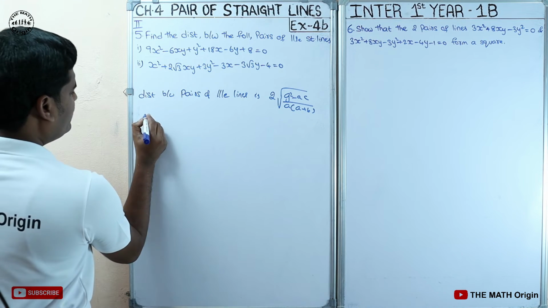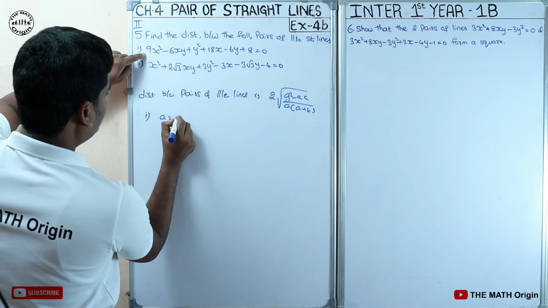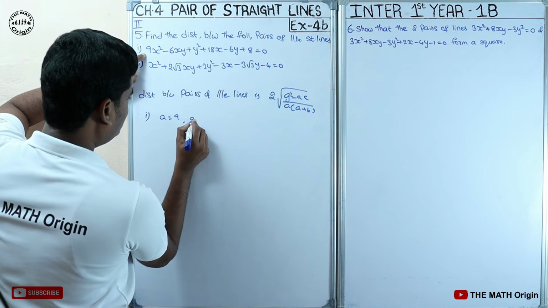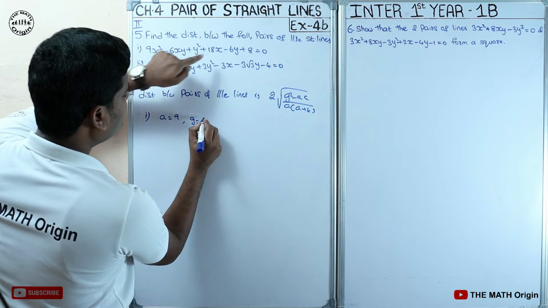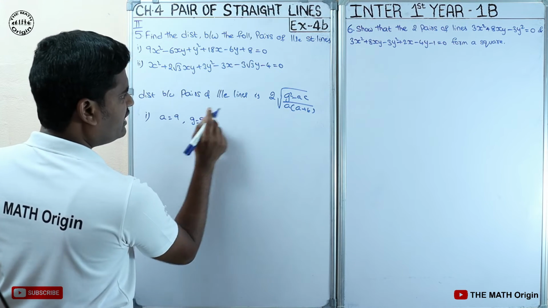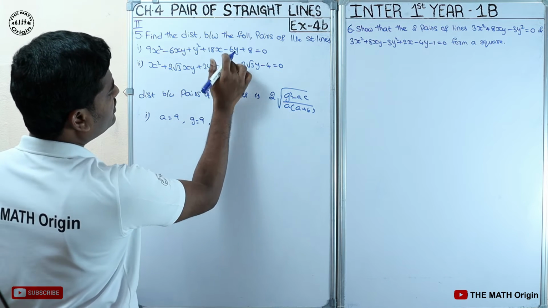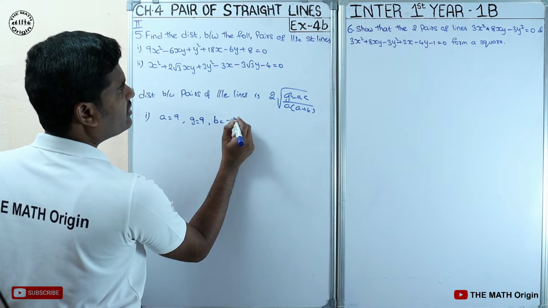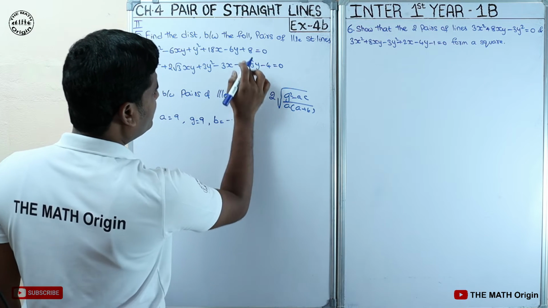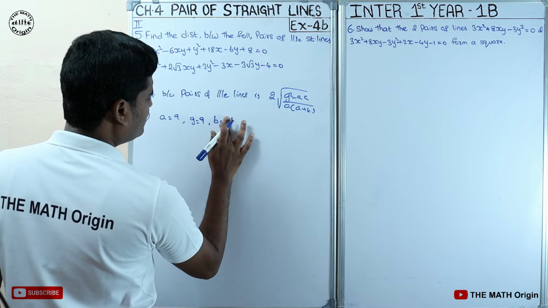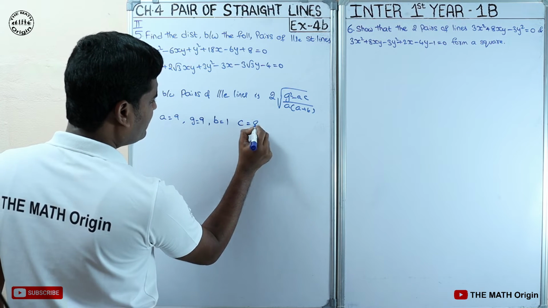So from the first one, let's take out the values. A is equal to 9, and we want g: 2gx means 2g is 18, g is equal to 9. B is equal to 1 and c is equal to 8.